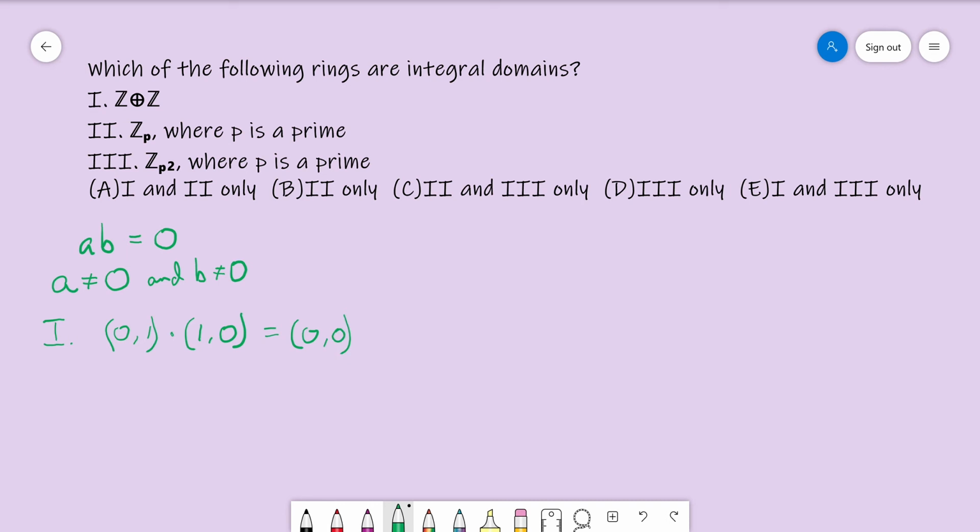So the direct sum of Z and Z cannot be an integral domain because we have zero divisors. So this does not work.